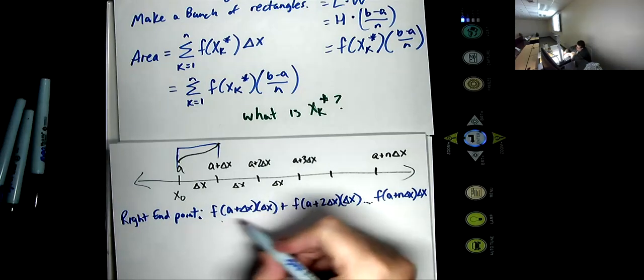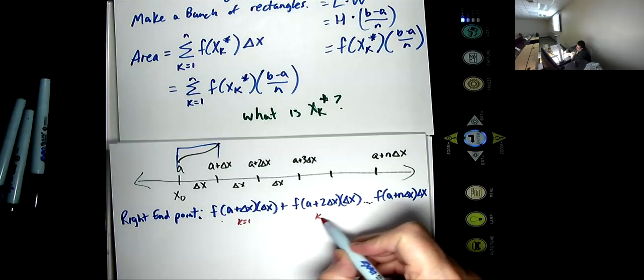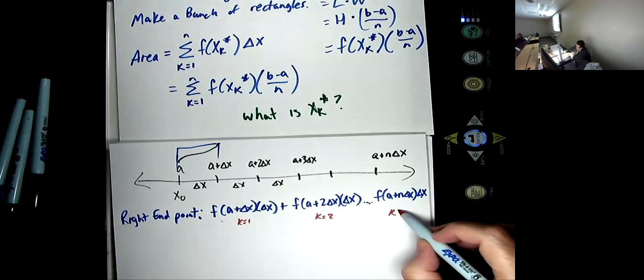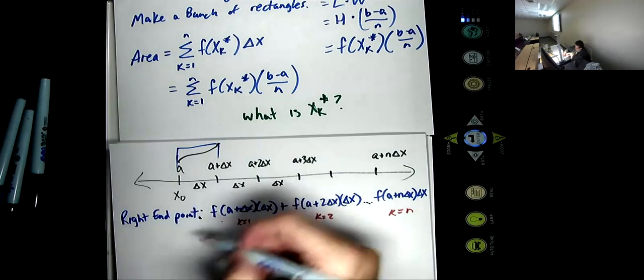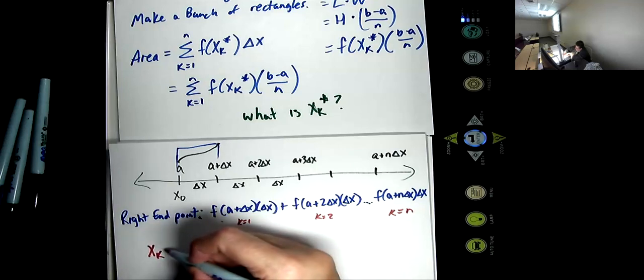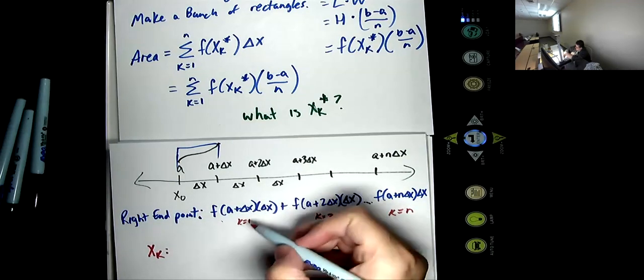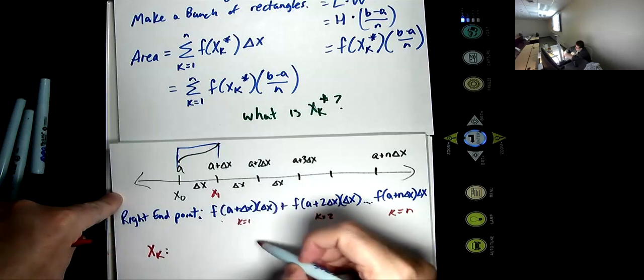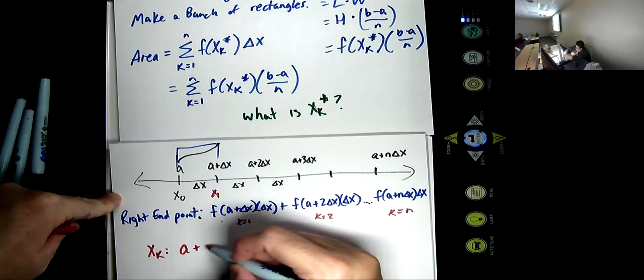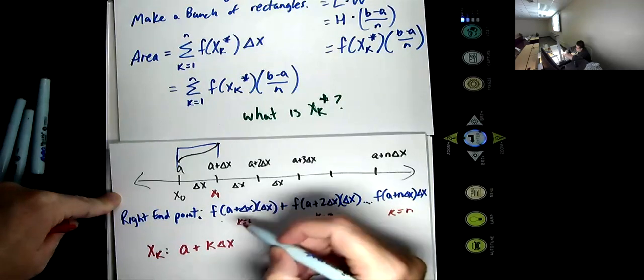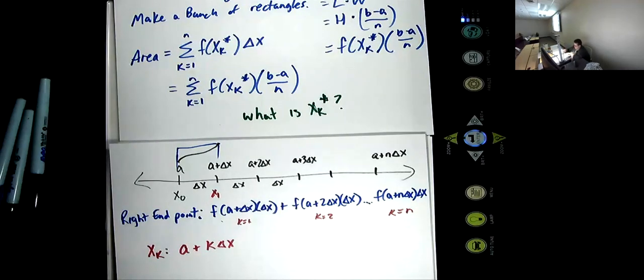So this is k equals 1, k equals 2, up to k equals n. Whichever one I'm doing, like x sub 1 right here, x sub k is a plus k delta x for my right endpoint.